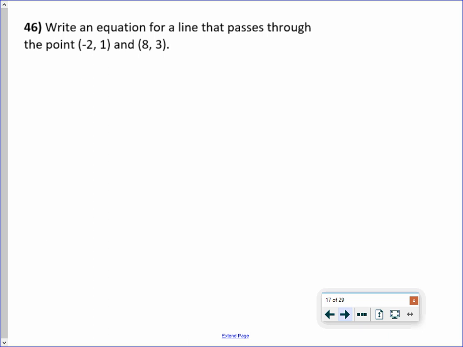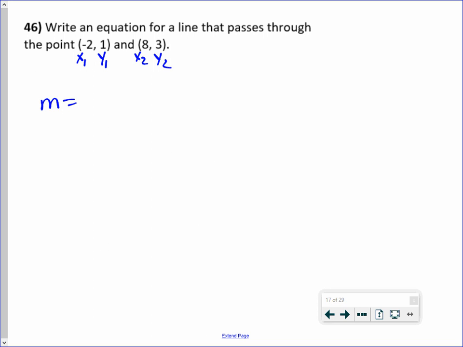All right, write an equation for a line that passes through the point negative 2, 1 and 8, 3. Now, there's a couple different ways to attack this problem. The first one is to use the slope formula.